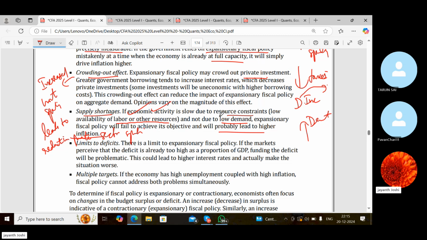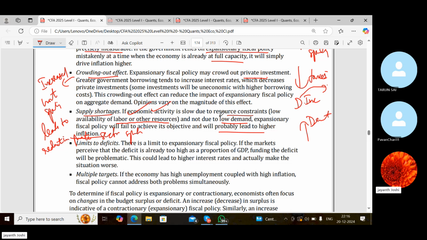So what will happen at that point of time if government reduces taxes? People are ready to spend, but there is less supply in the market. There will be a break in the production.